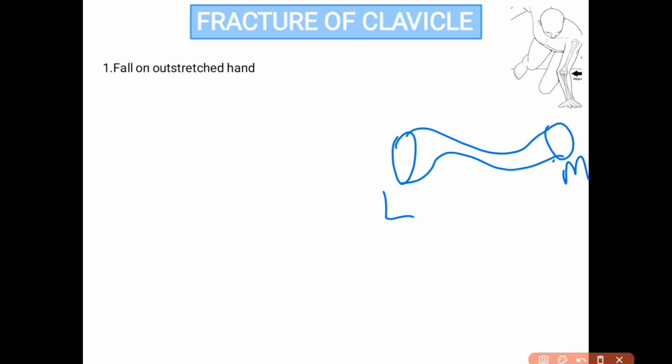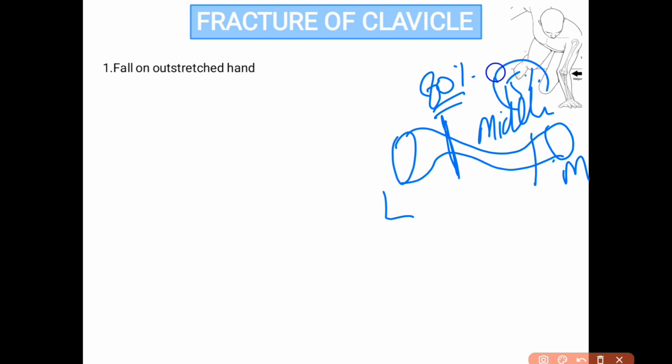Very commonly, the weakest part of the clavicle bone is the junction between the middle and the lateral side. Here there is an 80% chance of fracture of clavicle, and the other is the junction between the middle and medial side. Here there is only a 50% chance of fracture.